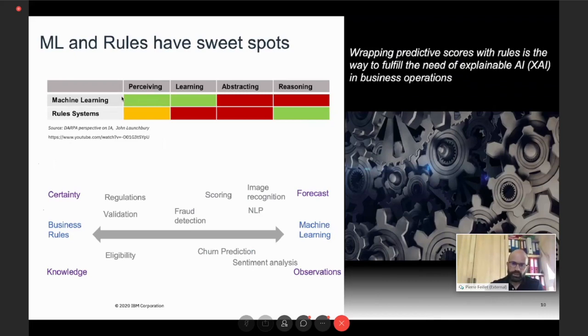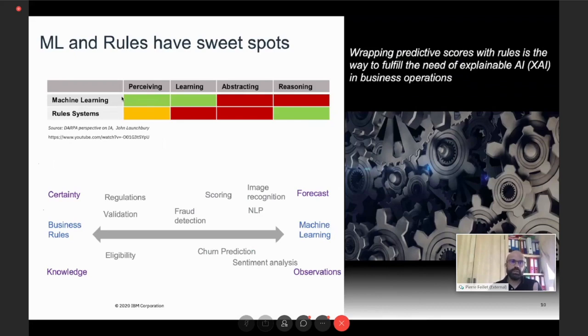ML is good at getting predictions, and is good starting from unstructured data, for example, to detect objects in one picture, and for this there is no sense to try to do it with business rules.